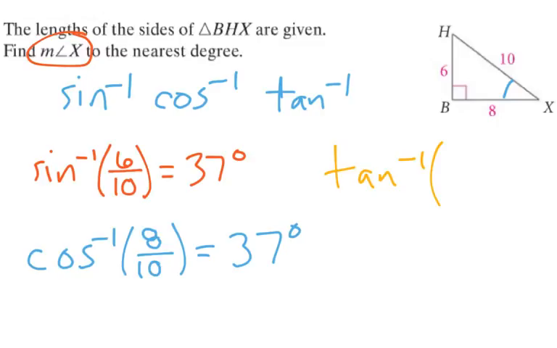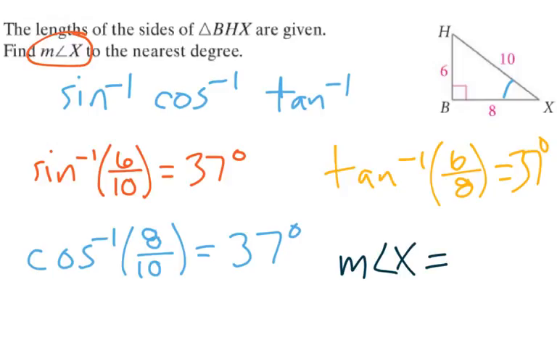The inverse tangent from x of opposite 6 over adjacent 8 is equal to inverse tangent of 6 over 8, 37 degrees. So now we can say that the measurement of angle x is equal to 37 degrees.